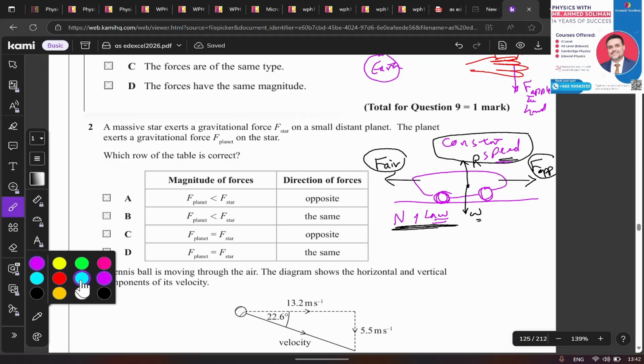Now what if we want to talk about Newton's third law? What are the forces in Newton's third law?